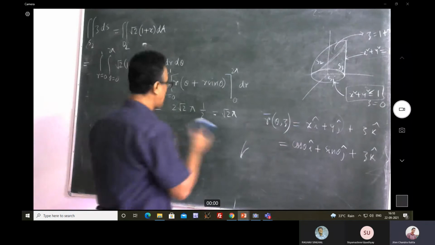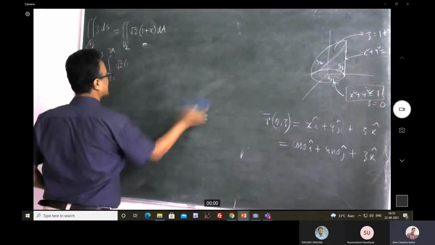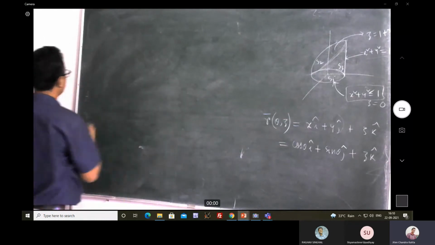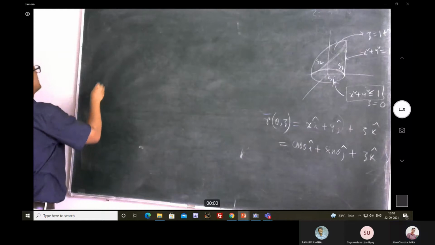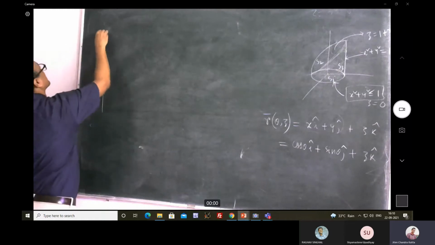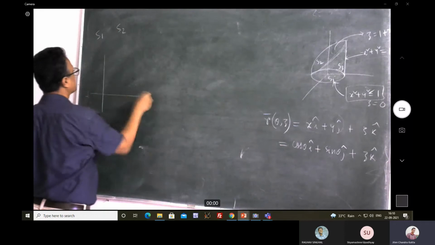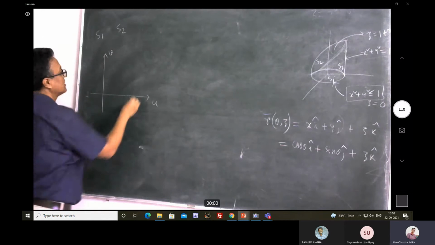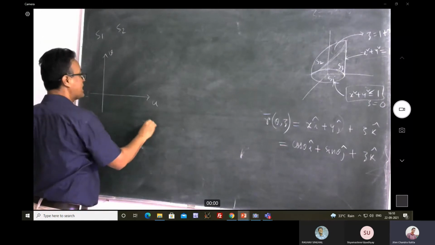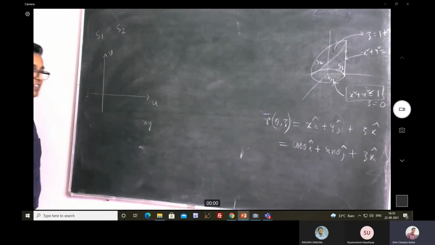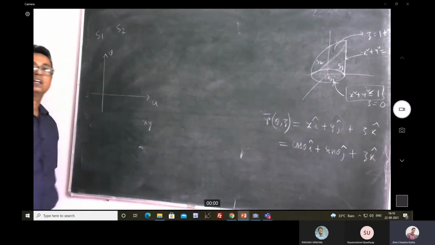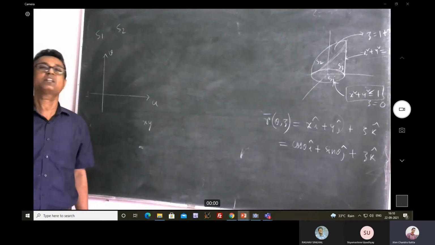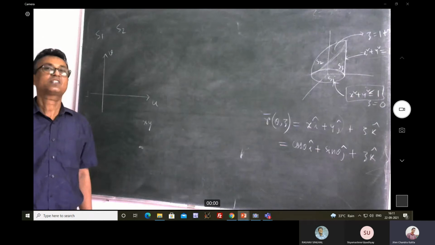So now, here what was happening? In both the cases, S1 and S2, we were considering this u-v simply to be the xy plane, because x and y simply lie on that disk.